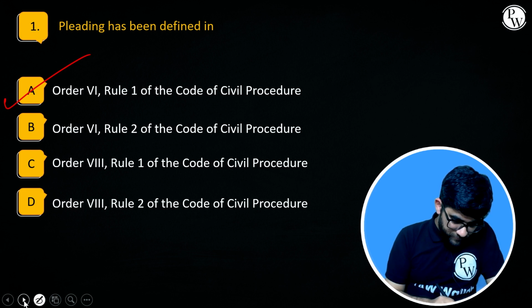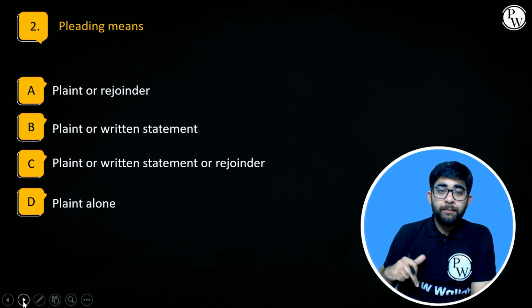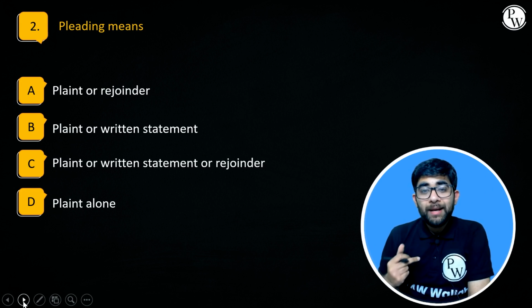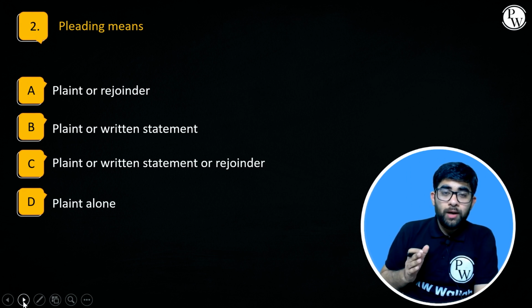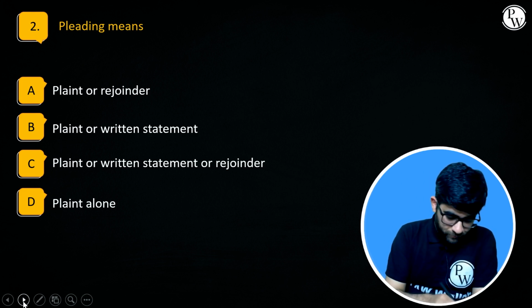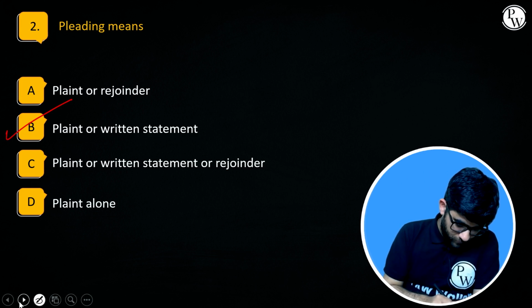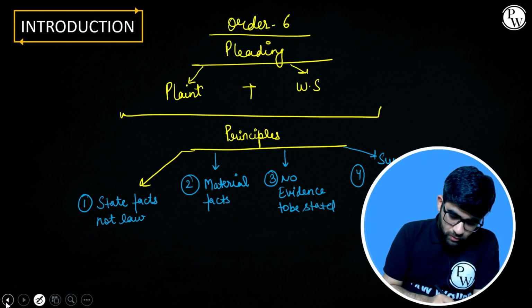Next shall be pleading. Pleading means plaint or rejoinder, plaint or written statement, plaint or written statement or rejoinder, plaint alone. So the answer to this is plaint or written statement. Because I have already told you the concept of pleading.